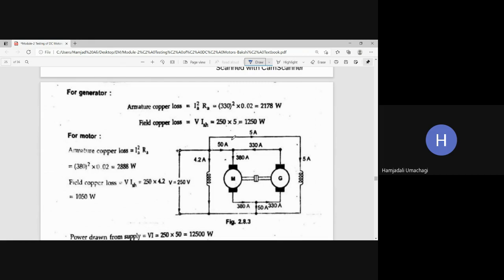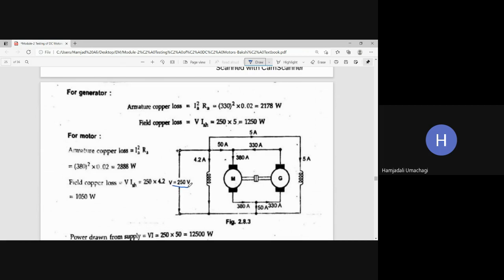Now they have also given the motor field current as 4.2 ampere and the generator field current as 5 ampere. So write all the values that are given. Here it is 380 and here it is 330. 380 is entering but 330 is leaving, so if I apply KCL once again, the current at this position is 380 minus 330, which is again 50 ampere, and the input to the motor is a 250 volts DC supply.